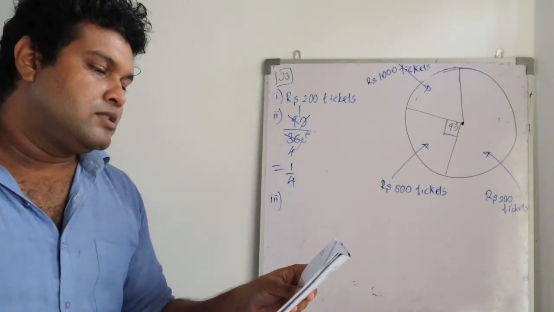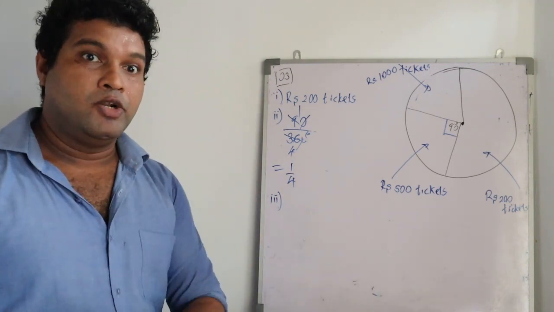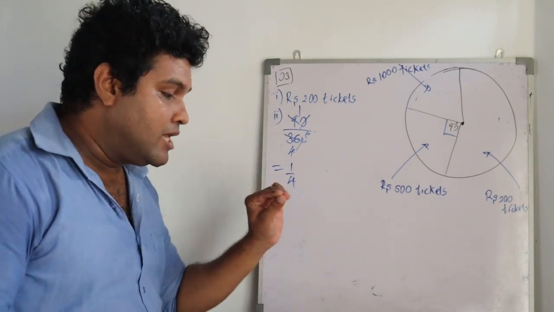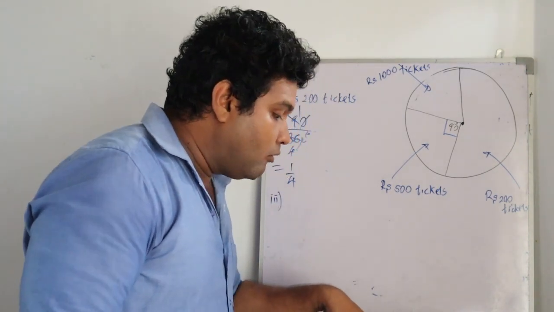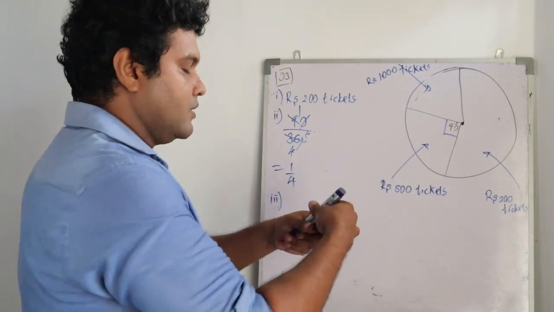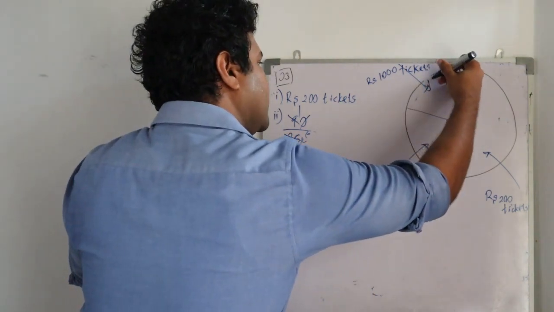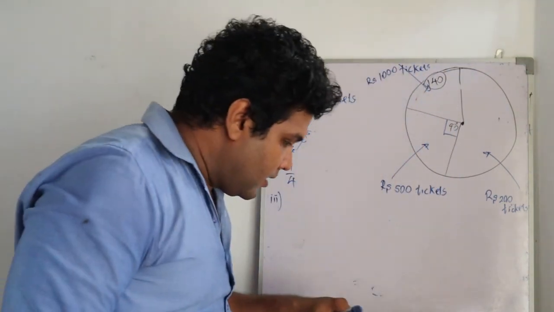Third one. The number of 1000 tickets that was sold was 140. Wait, don't read more. We had to mention the data that I have given. The number of 1000 tickets that was sold was 140. The number of tickets 140. Okay?